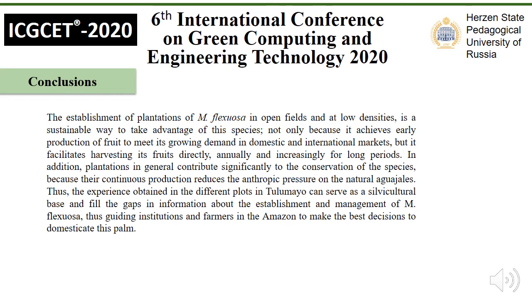In addition, plantations in general contribute significantly to the conservation of species because their continuous production reduces anthropic pressures on the natural aguajales. Thus, the experience obtained in the different plots in Tulumayo can serve as a silvicultural base and fill the gaps in information about the establishment and management of M. flexuosa, thus guiding institutions and farmers in the Amazon to take the best decisions to domesticate this palm.